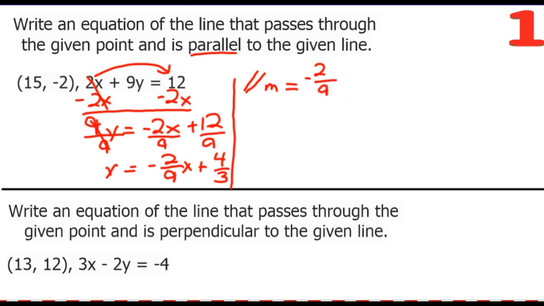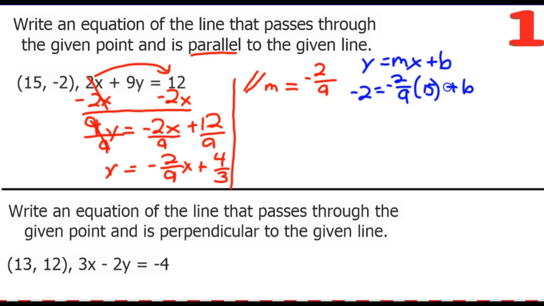So our new equation then has to go through 15, negative 2, so we're going to put y equals mx plus b. Our m is a negative 2/9. Our x is 15, our y is a negative 2, plus b. We need to figure out what b is.